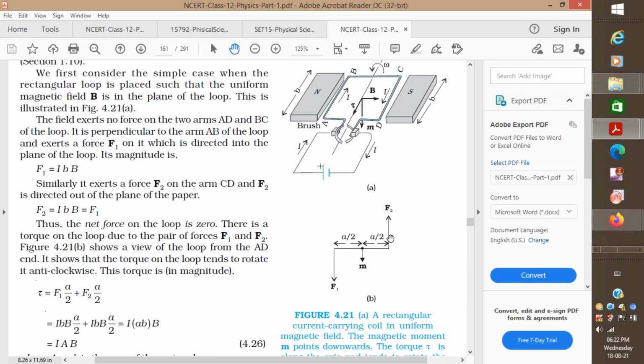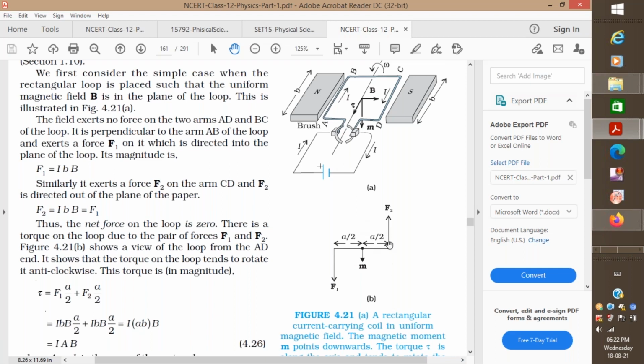One force is downward here and the other one is upward, and this is what is being shown here. So there are two forces equal in magnitude but opposite in direction, and at the same time the lines of action of the forces are not the same.